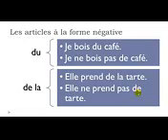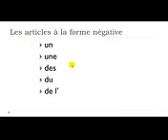Alright? So what can we say if we've got un, une, or then des? So what we saw previously, so this article indéfini, or then if we've got du, de l', or de la, as we saw previously, so what we call les partitifs.